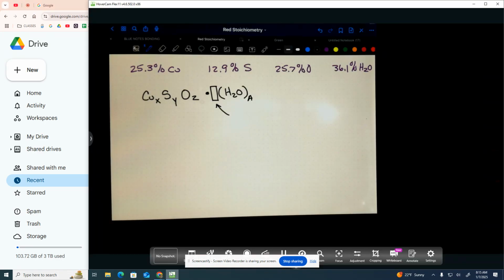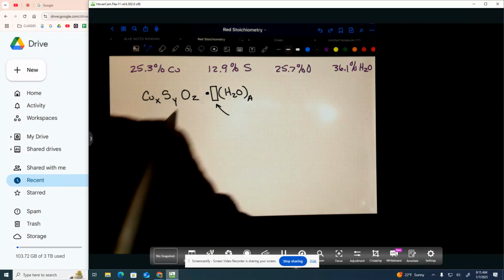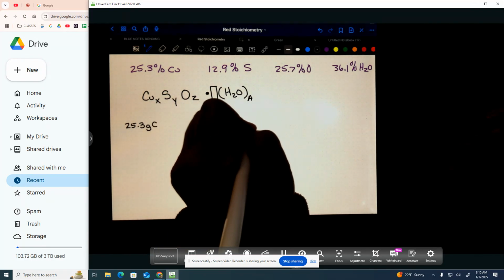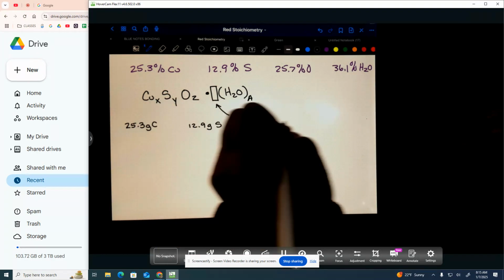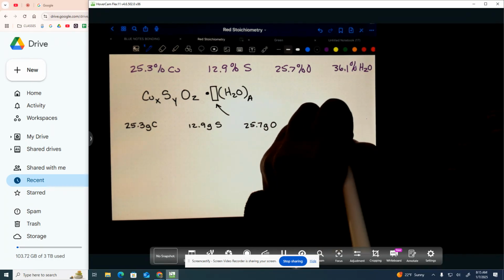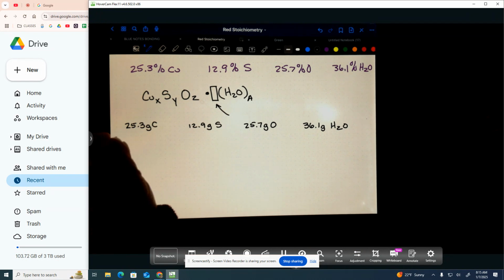All right. You got an answer yet? Almost? All right, let's do this. 25.3 grams of copper, 12.9 grams of sulfur, 25.7 grams of oxygen, and 36.1 grams of water. Let's change them all to moles.